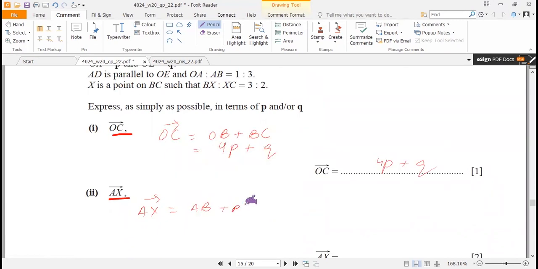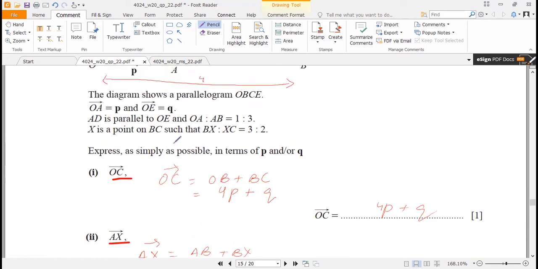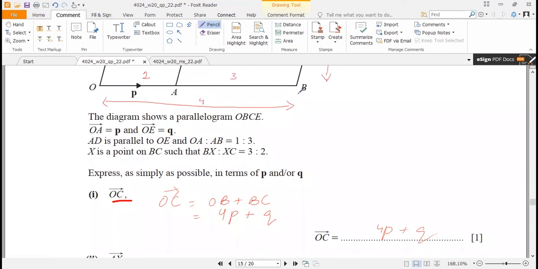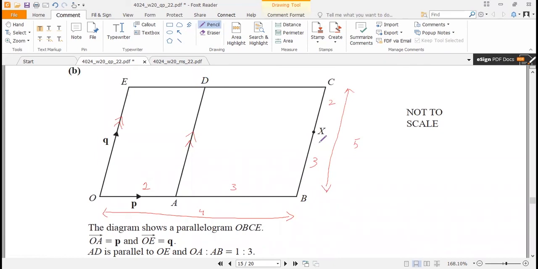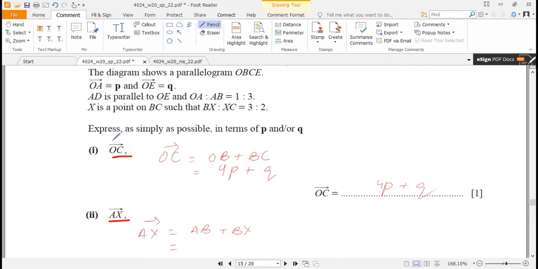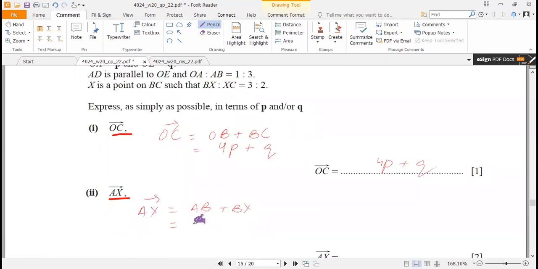The value of AB is 3P, as you can see in the diagram, and BX will be 3 upon 5 of Q. So it will be 3P plus 3 upon 5 of Q.